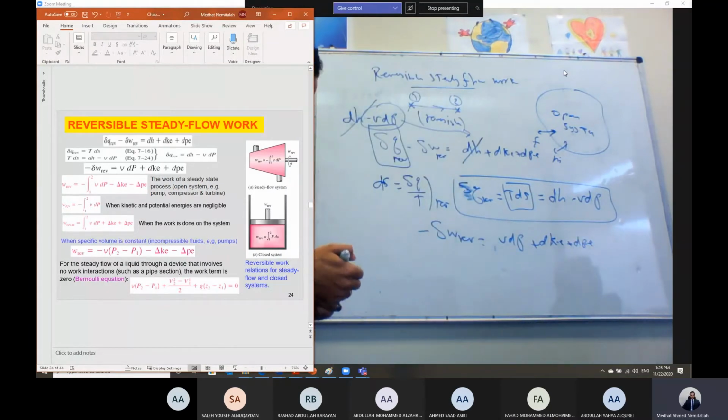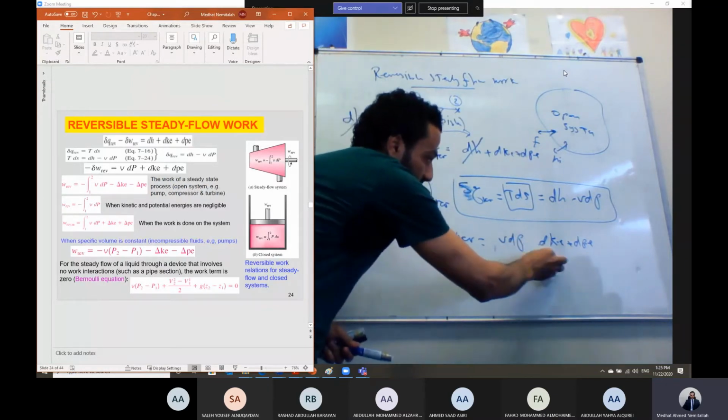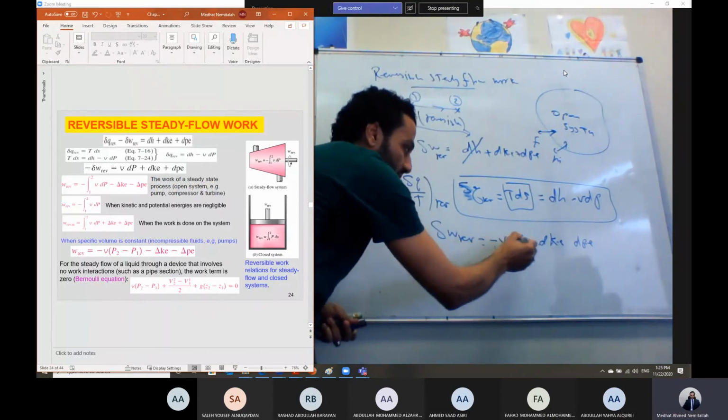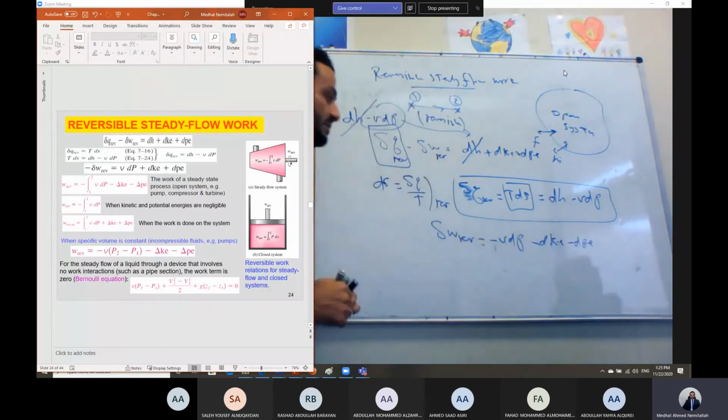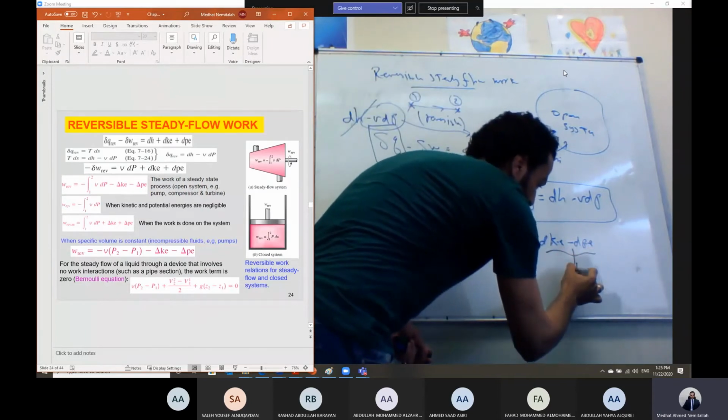Or we can just multiply the whole equation by a negative sign. So instead of minus delta work, it will be positive delta work, and the whole equation will be negative in this case. But if we have the kinetic and the potential energies, those two terms are neglected.